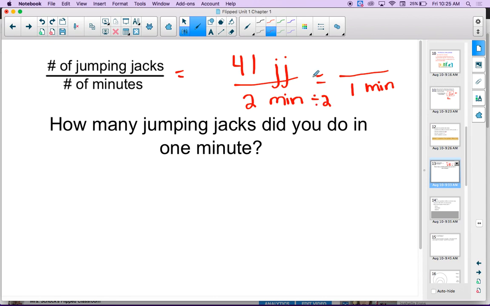And since this is a rate, we're going to keep it equivalent, so we're going to divide our numerator by 2 as well. Don't worry that 41 is not evenly divisible by 2. It's okay. I will get 20 and 5/10. We'll do decimals here.